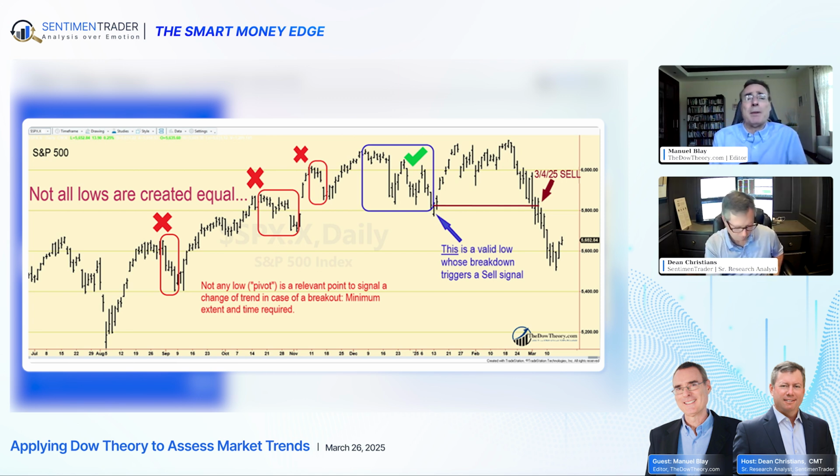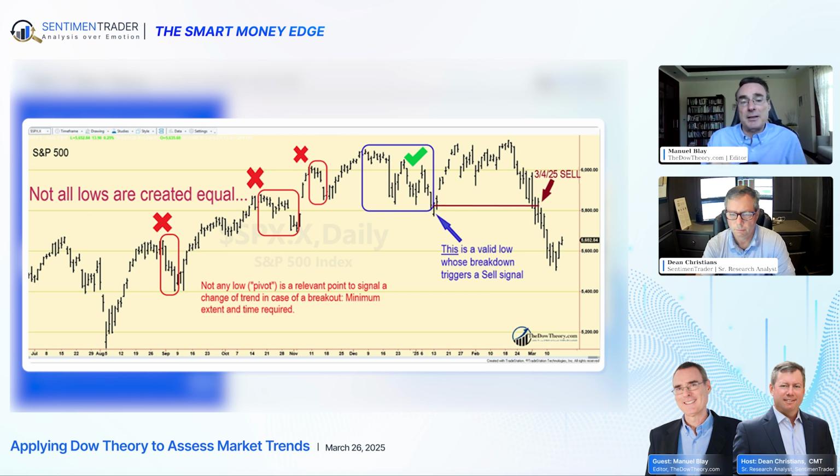So first of all, is the record, but also only relevant pivots matter. What do I mean by that? If you look at the chart on the right side, you will see that I highlighted several pullbacks, drops, and I ticked them with a red X, with a red cross, which means that these pullbacks did not qualify as a valid sell point in case it were broken down.